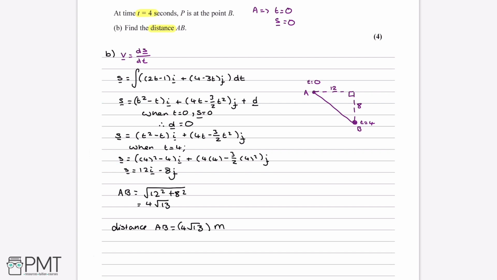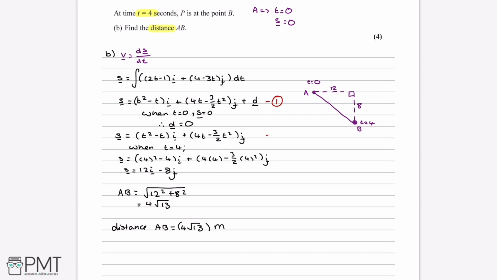And there are 4 marks available for this question. Mark number 1 comes from integrating the equation for velocity to find an equation for the displacement, which we've done up here. And then we get a further answer mark for actually getting this correct.